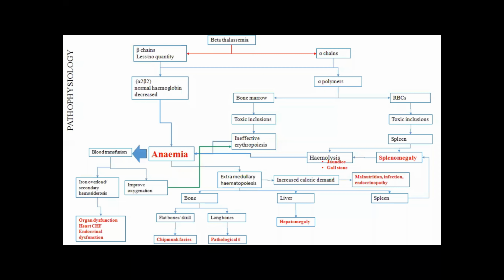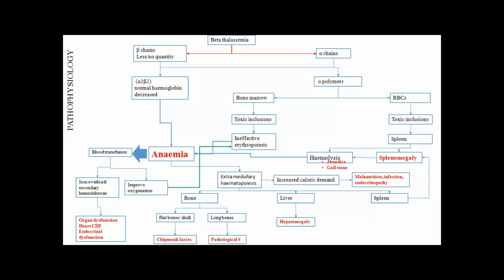The second is that this anemia requires blood transfusion. If you transfuse blood, there are basically two effects on this thalassemic patient. One is a beneficial effect: these blood transfusions are going to improve oxygenation of the patient, and with improved oxygenation and less anemia, it will lead to suppression of endogenous hematopoiesis, be it ineffective erythropoiesis or extramedullary hematopoiesis.